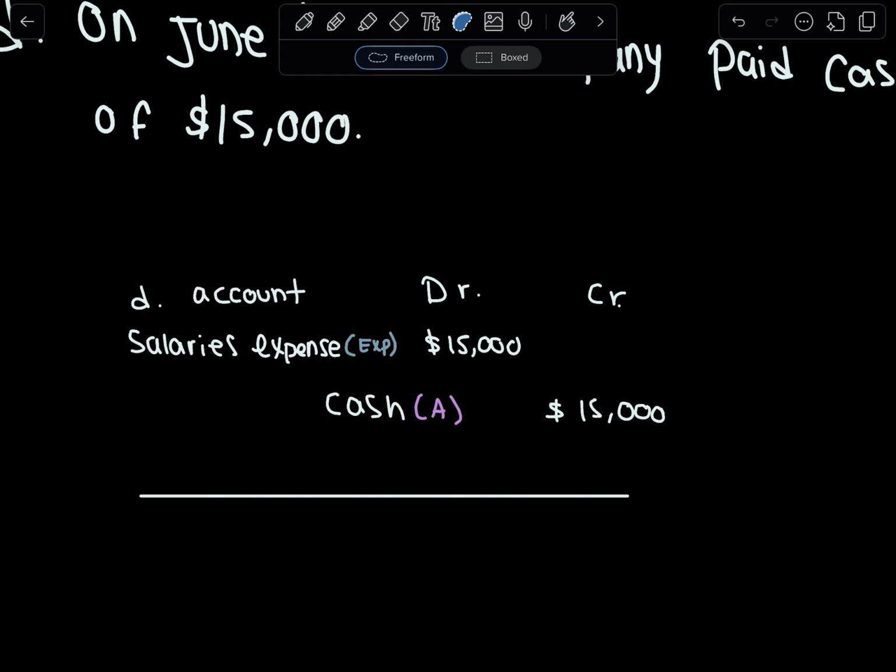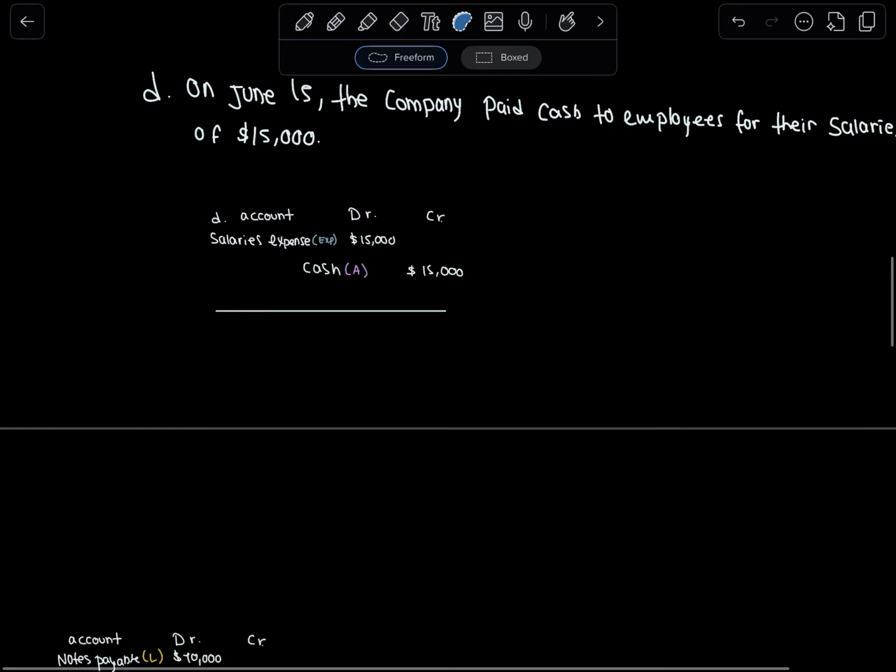It is essentially an expense account, and expenses decrease with credit and increase with debit, so they act like asset accounts. Here the expense increases and we paid cash, so cash decreases by 15,000.